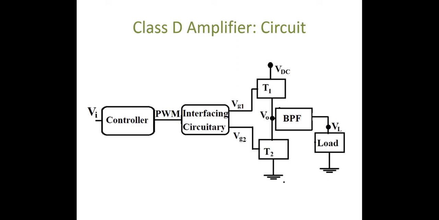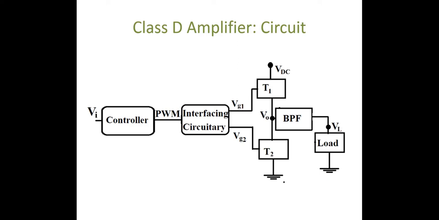So now the transistors T1 and T2 are switched on or off depending on the state of the PWM waveform. Then the load is connected through a band pass filter to the output of this power transistor circuit, as you can see in the diagram which is given on this slide.